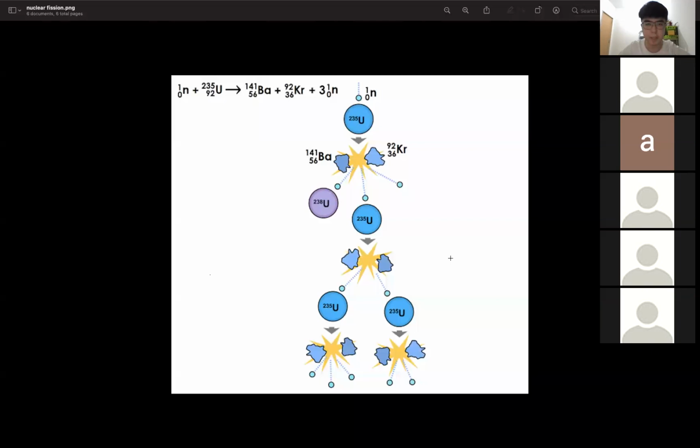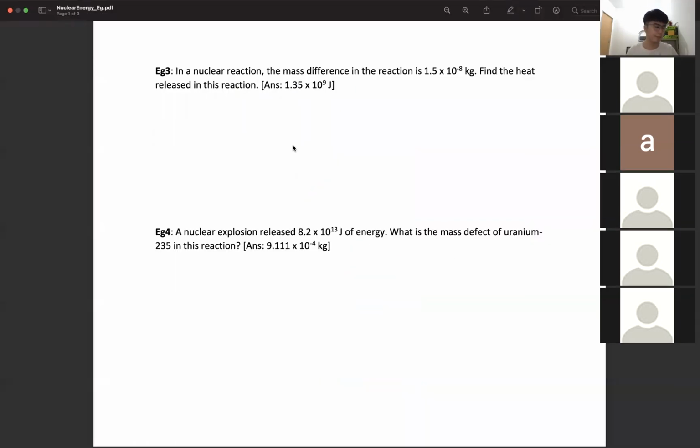You should be seeing example 3. So in a nuclear reaction, it is talking about either the fission or the fusion. The mass difference, meaning the mass defect, in the reaction is 1.5 times 10 to the minus 8 kg. Find the heat released in this reaction. Finding the heat released means finding the nuclear energy.